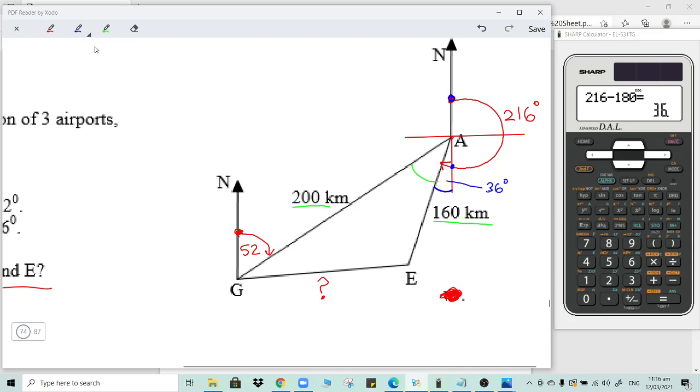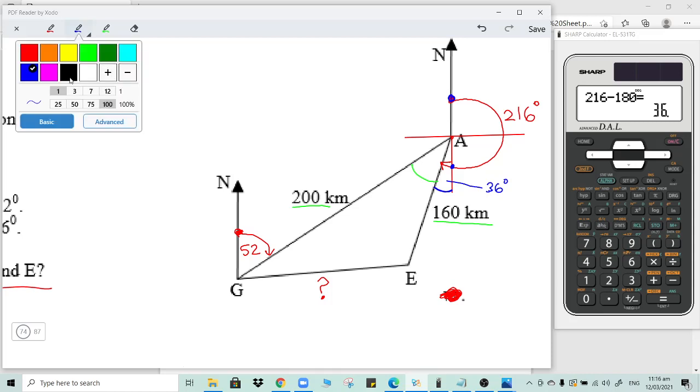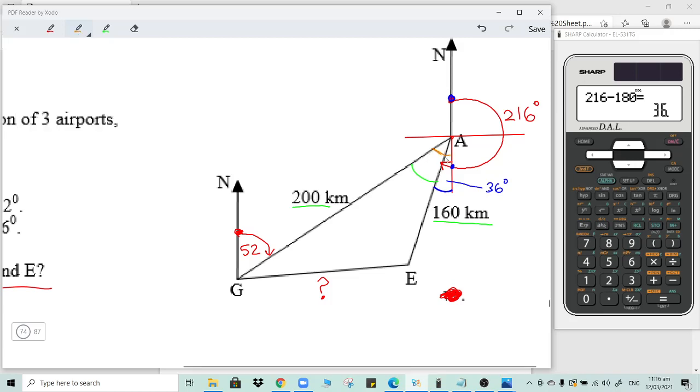I can use orange. This entire angle, from here all the way to here, is 52. That's a better way of drawing it.